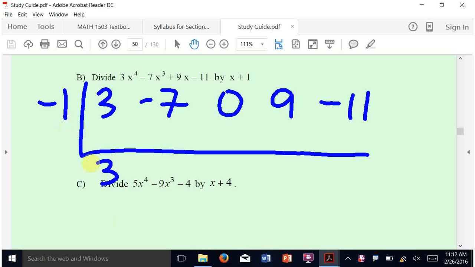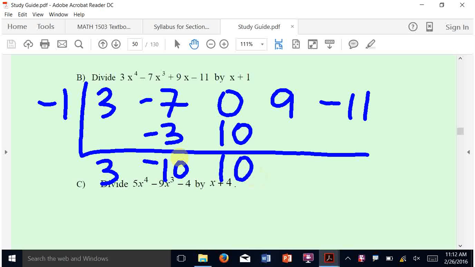You're multiplying negative 1 times 3 and putting it here, the result. So negative 3, then you add negative 10, and then start the 2-step process over. Negative 1 times negative 10 is 10, and add, and then again multiplying and adding.